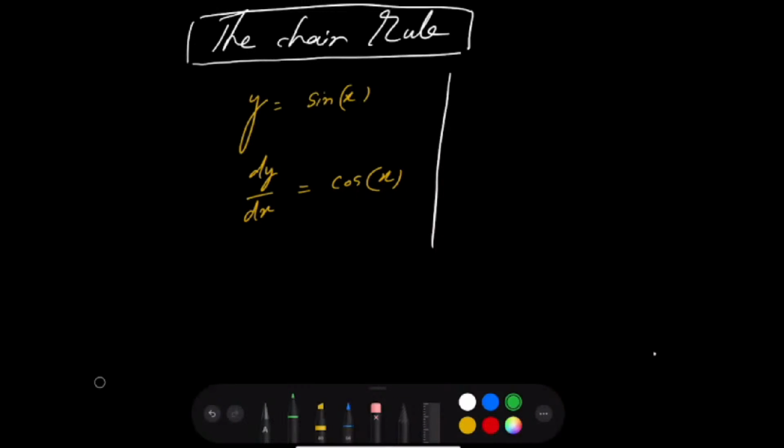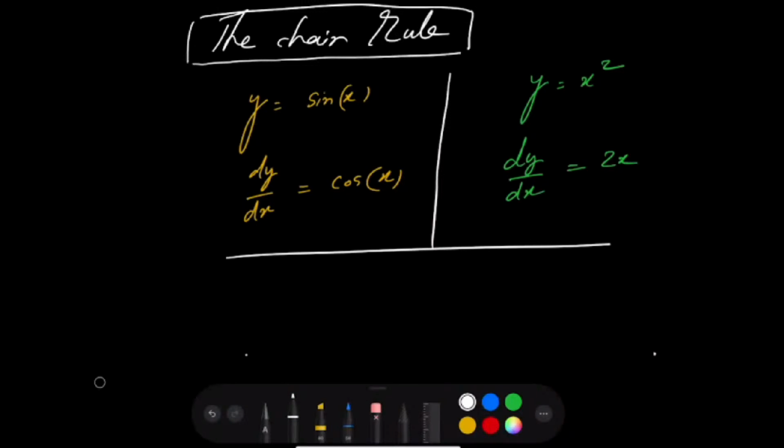Now, if you have a function like y equals x squared, then you can write dy by dx as 2x, correct? So these two things are okay for us. But what if I have a function like y equals sine of x squared? I do not know what the derivative is.